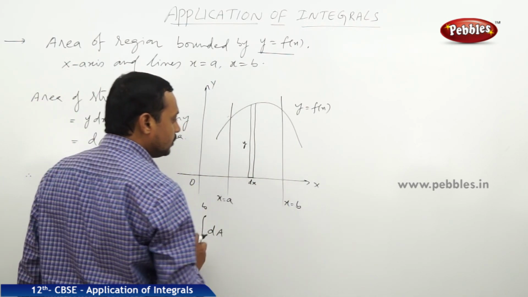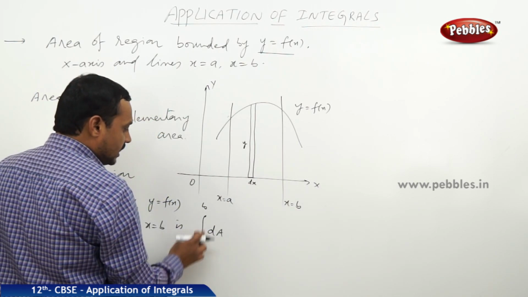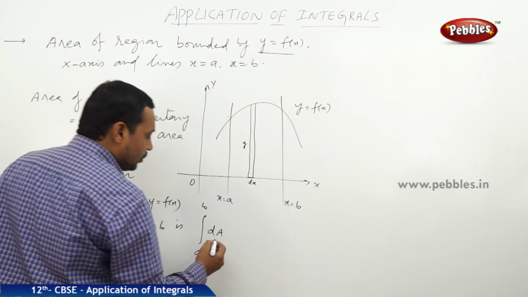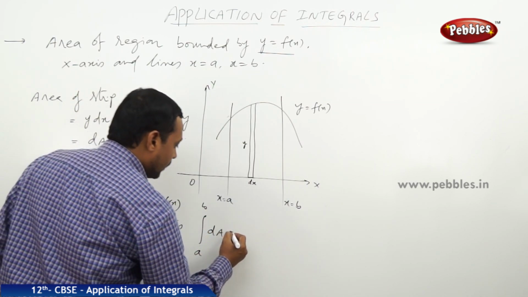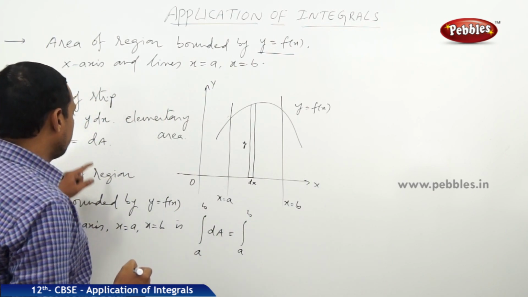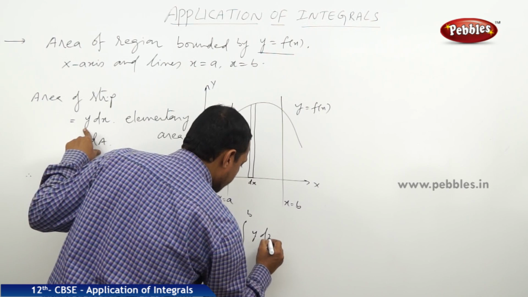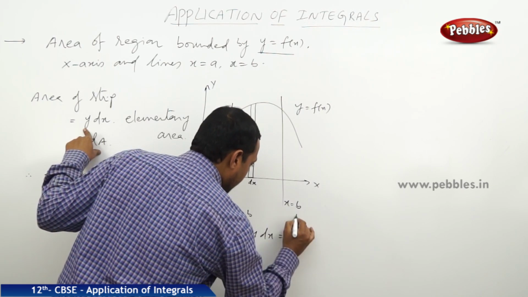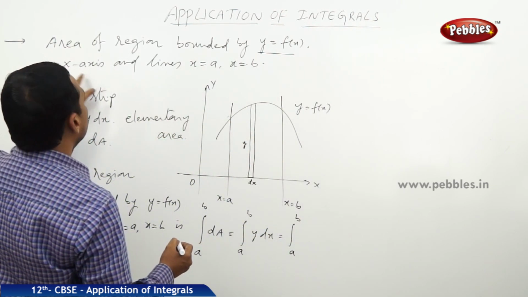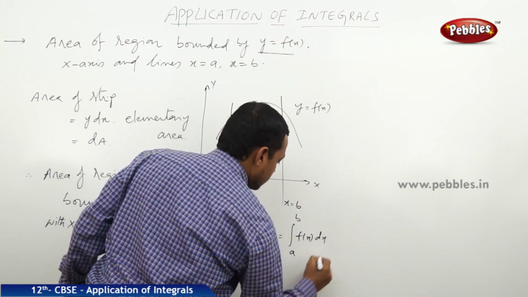It is the sum to infinity, that is integral a to b dA, which is equal to integral a to b, but you know dA is equal to y dx, that is equal to integral a to b, where y is equal to f of x, into dx.